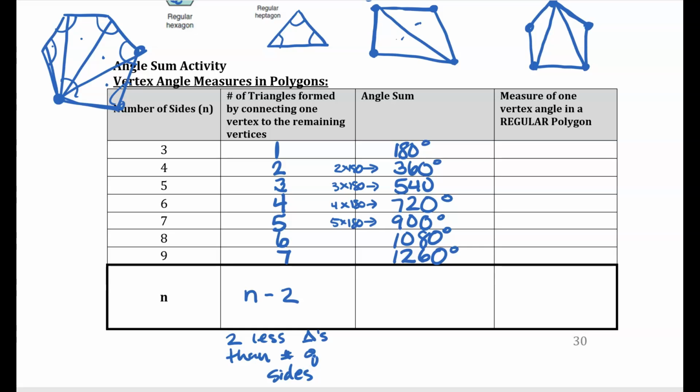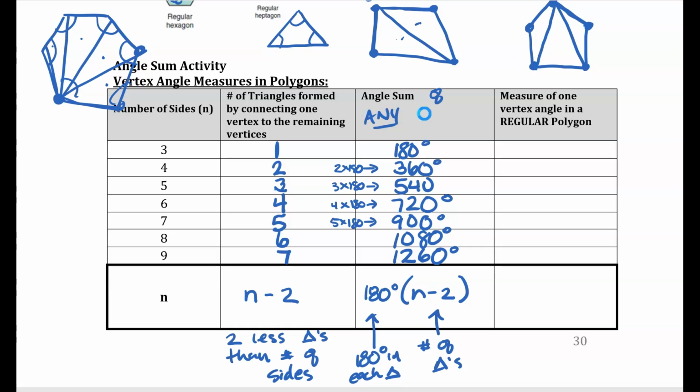Every triangle is worth 180, so if we want the angle sum, all we have to do is take 180 degrees times n minus 2. So this is the number of triangles, and then we multiply by 180 because there's 180 degrees in each triangle. Okay, so the formula is 180 times n minus 2 for the angle sum of any polygon.